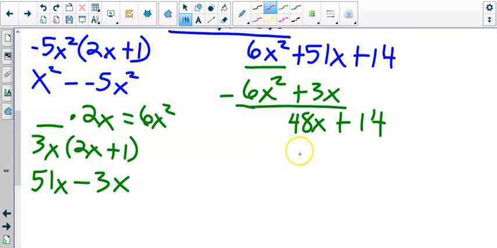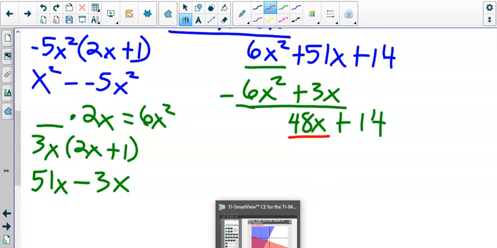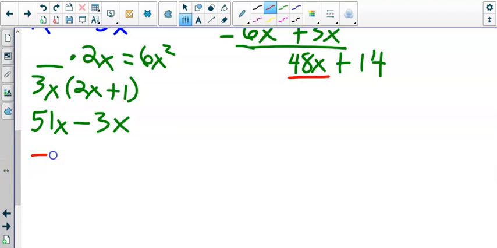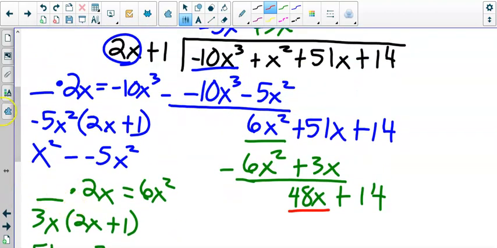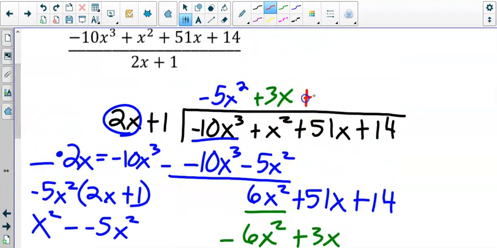So now we've got one final guy to get rid of, the 48x. So we think, what times 2x will give us 48x? How much? 24? Positive or negative? So up here we say plus 24.